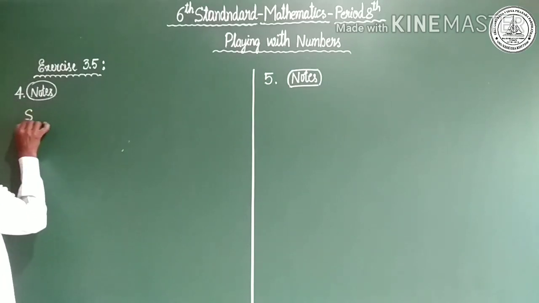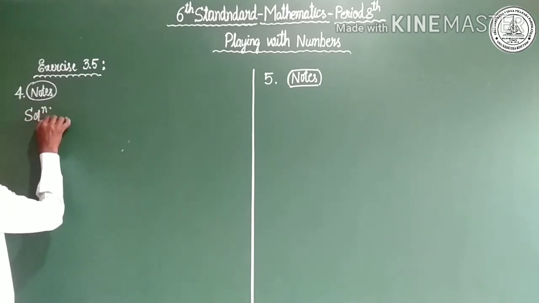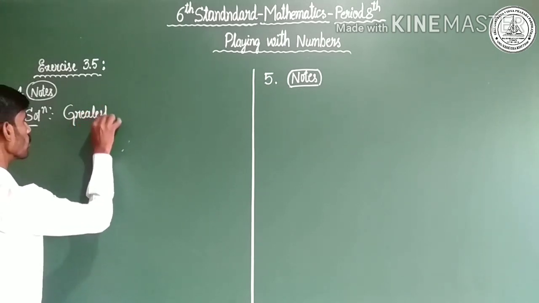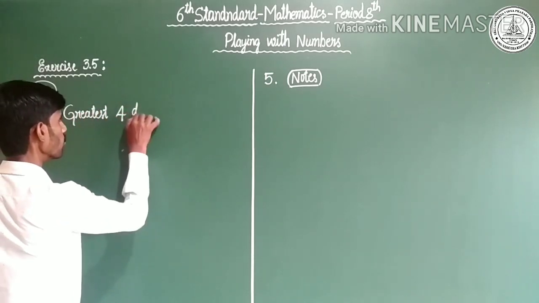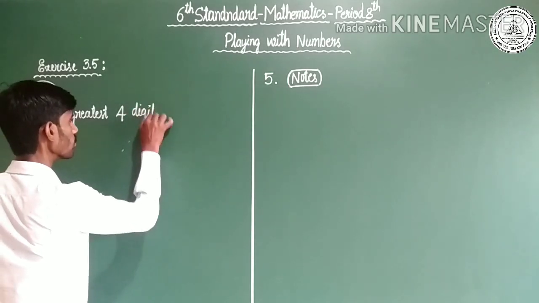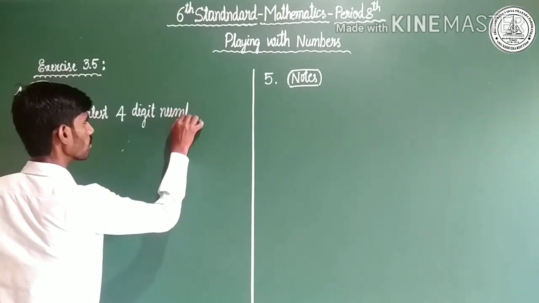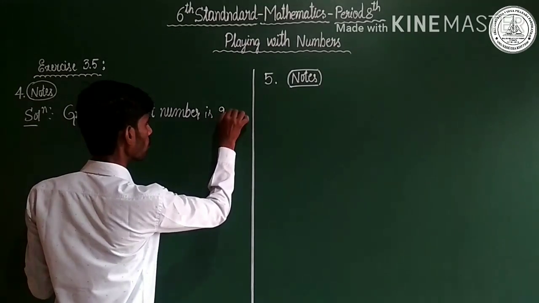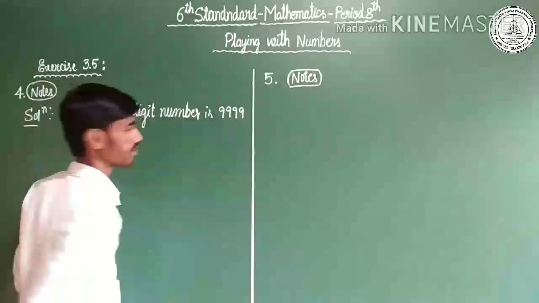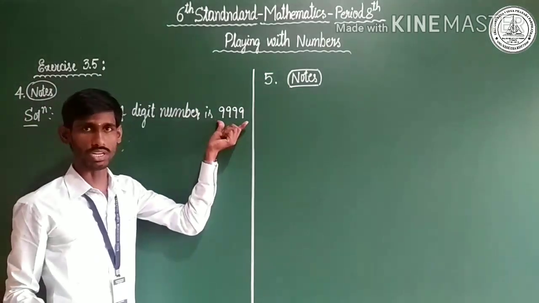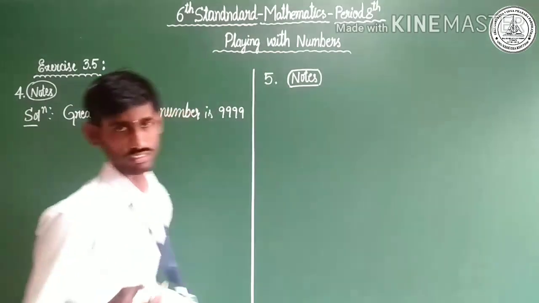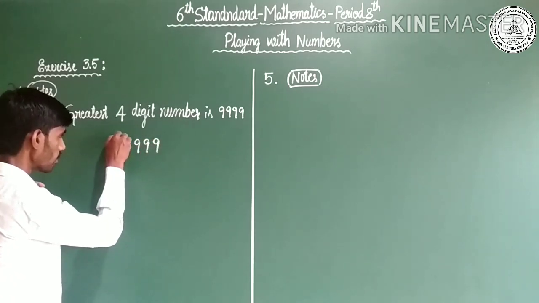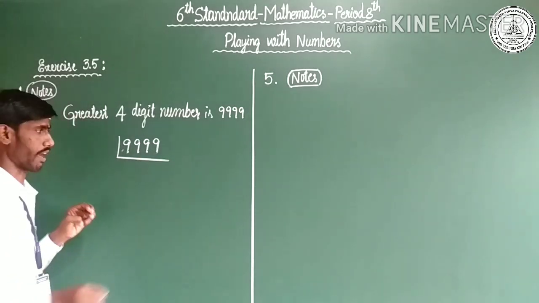Solution: the greatest 4-digit number is 9999. So we need to express the given number in prime factors. Observe here, 9999 expressed in the form of prime factors.